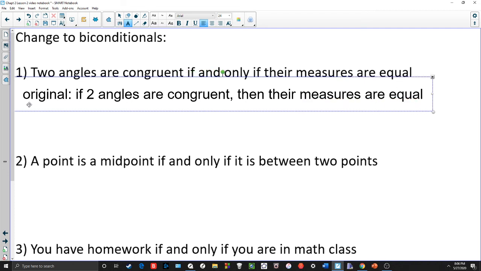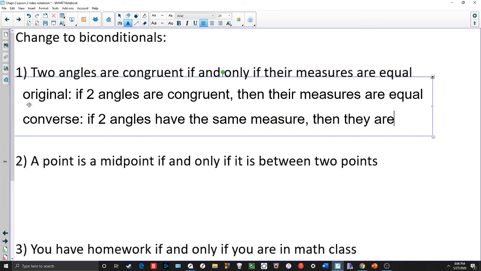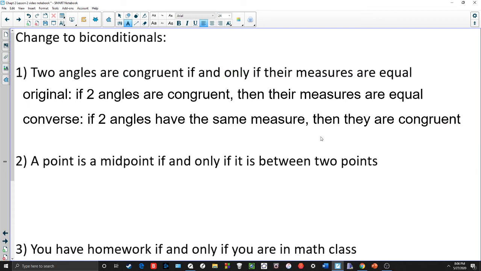That's the original version. And the converse would be the flip of that: if two angles have the same measure, then they are congruent. If both of these are true, then the biconditional is true.